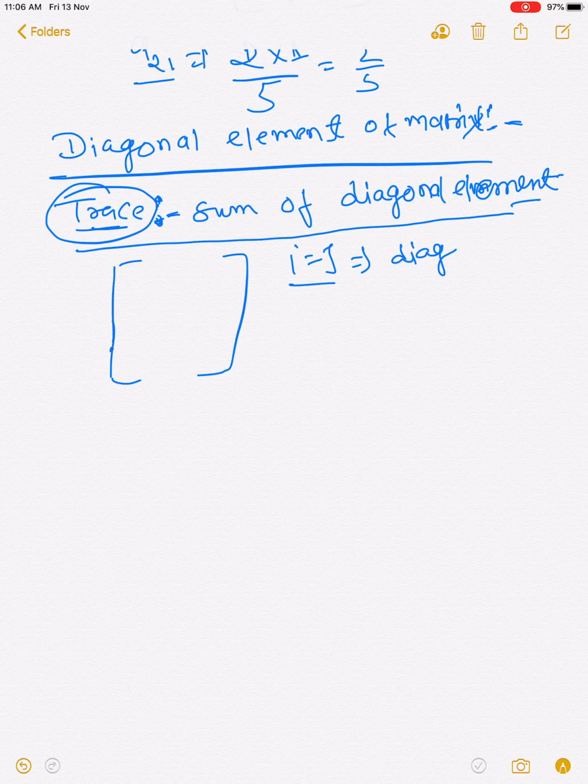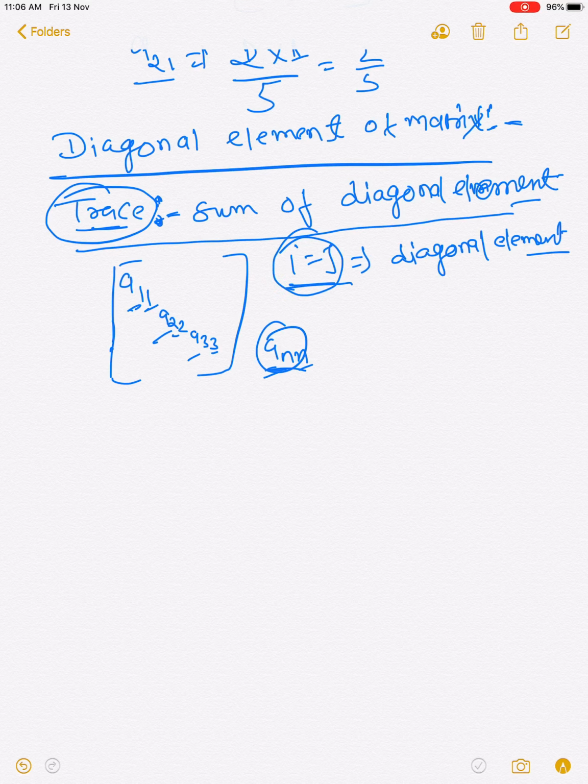That means here a11, a22, a33, and so on up to ann. That means i equal to j: 1 equal to 1, 2 equal to 2, 3 equal to 3, n equal to n. This type of element we will consider as a diagonal element, that is i equal to j.